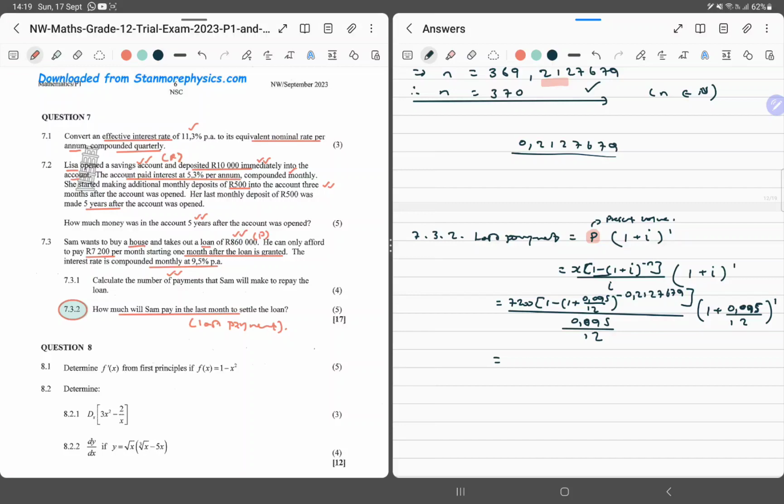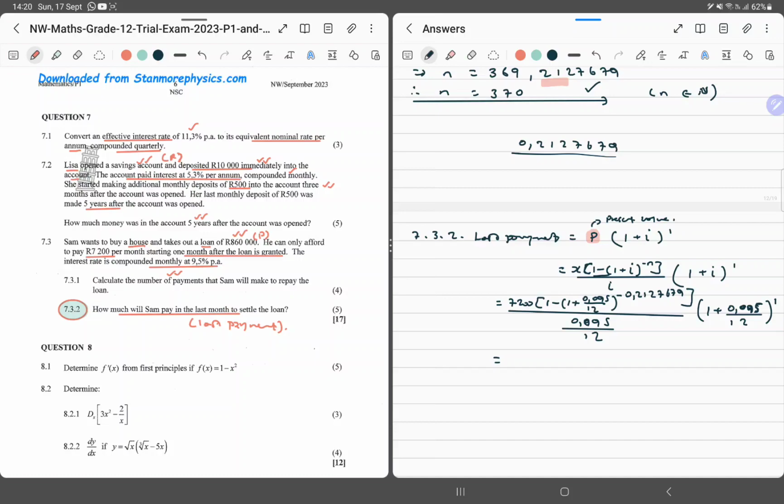So we've got 7,200 into 1 minus 1 plus 0,095 divided by 12 to the exponent minus 0,2127679. Then we close this.